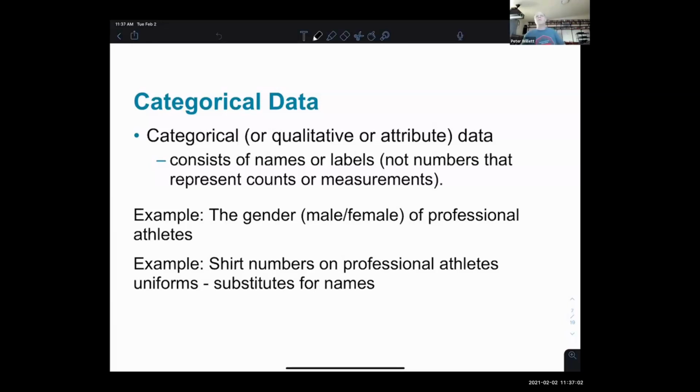I can collect whether the gender of the person is male or female. Then I can get an idea, for example, if I'm talking about students at DVC, what portion of the students at DVC are male versus female? Or what portion of people who play a particular professional sport are male or female? That's a type of data that I could collect, and it's an example of categorical data.